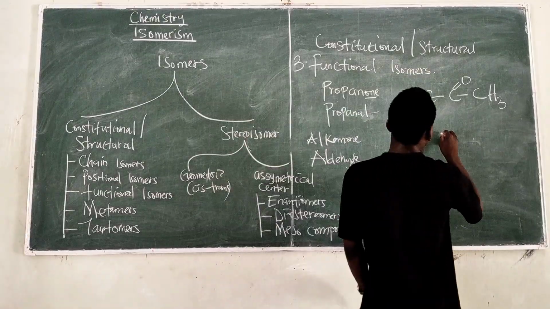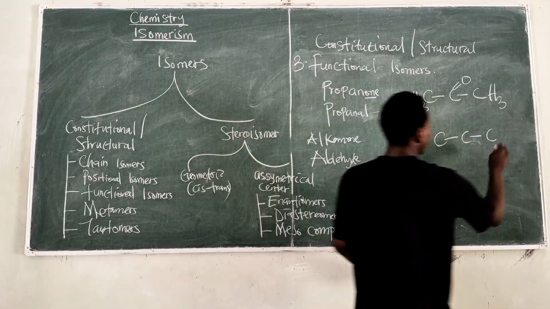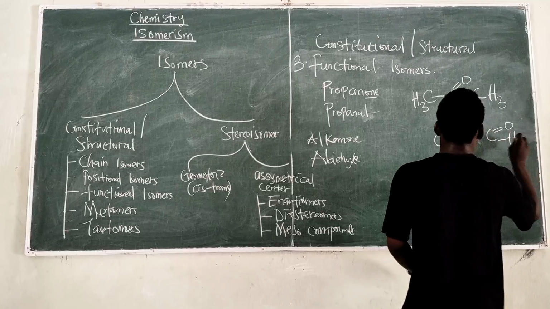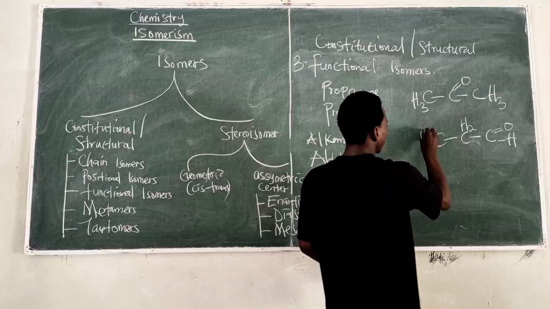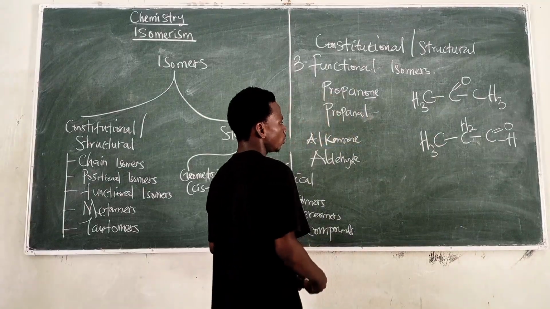For propanal, we have 3 carbon atoms, and the last carbon is double bonded to oxygen and 1 hydrogen. This particular carbon is bonding to 2 hydrogen, and this particular carbon is bonding to 3 hydrogen.